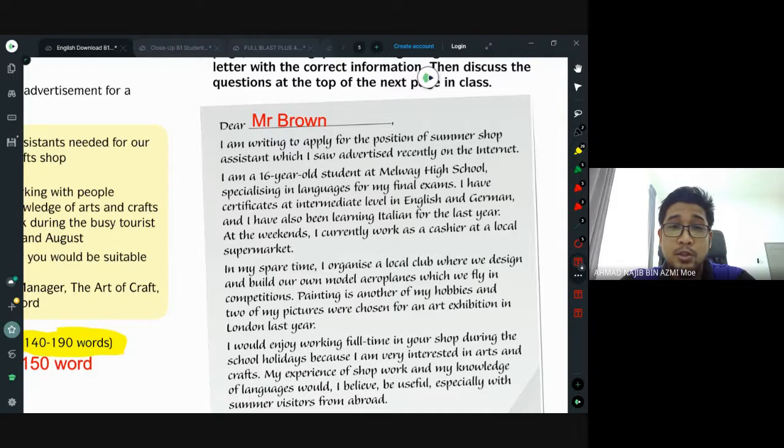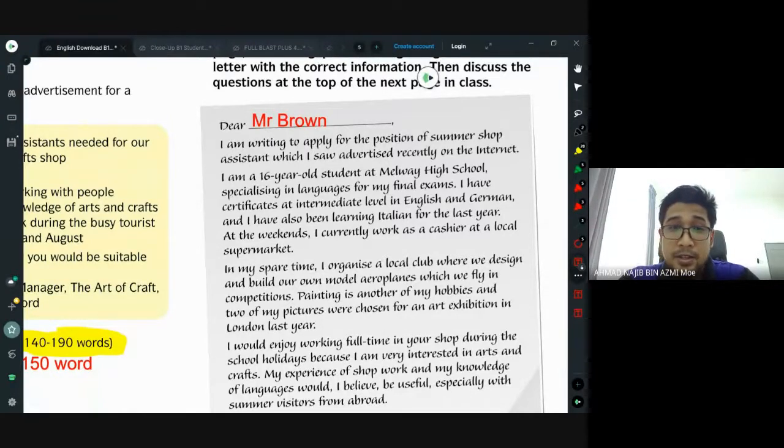Kalau kamu tulis dengan kawan kamu, adakah kamu gunakan ayat yang macam ni juga? Tak sama. No, this is more polite. This is more formal. Kita tak tanya khabar pada dia. Dear Mr. Brown, how are you? I hope you're doing well. Kan? I want to tell you about. So, tu kalau kita tulis pada kawan. Pada surat rasmi, very formal, very straight to the point. Tak ada tanya-tanya khabar ya.